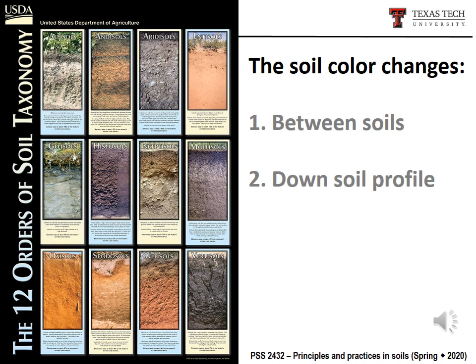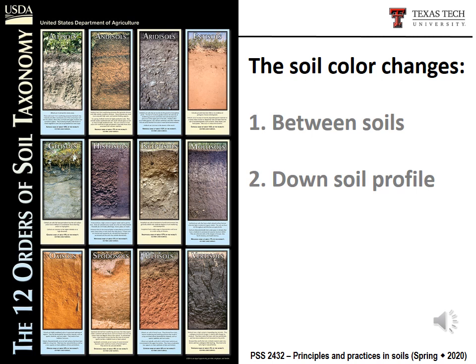And as you can see, the soil color changes between soils. For example, oxisol is not common in the USA, but when you compare oxisols to mollisols, for instance, the color is totally different.